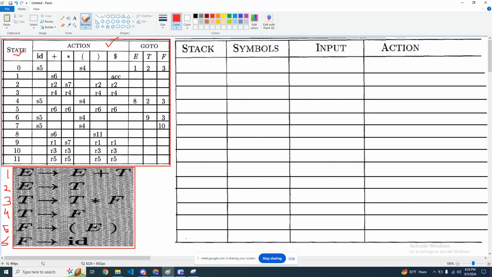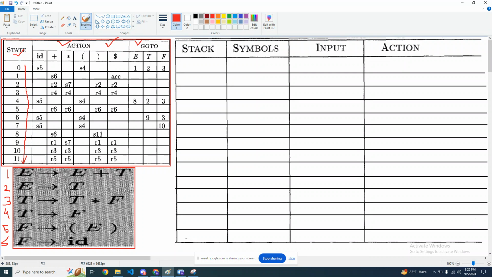So these are the states of your automaton, and this should be in your parsing table. The parsing table will mainly have two types of columns. One is the action column containing multiple action values, and one is a go to column containing multiple go to values.